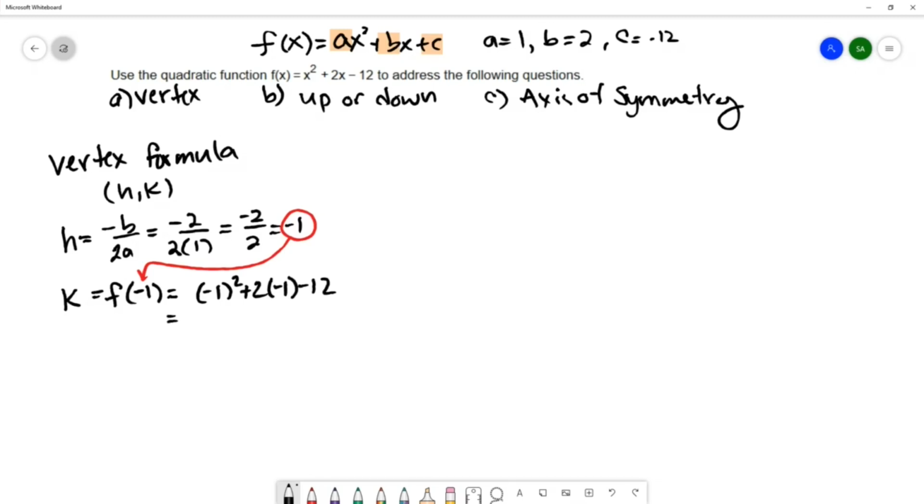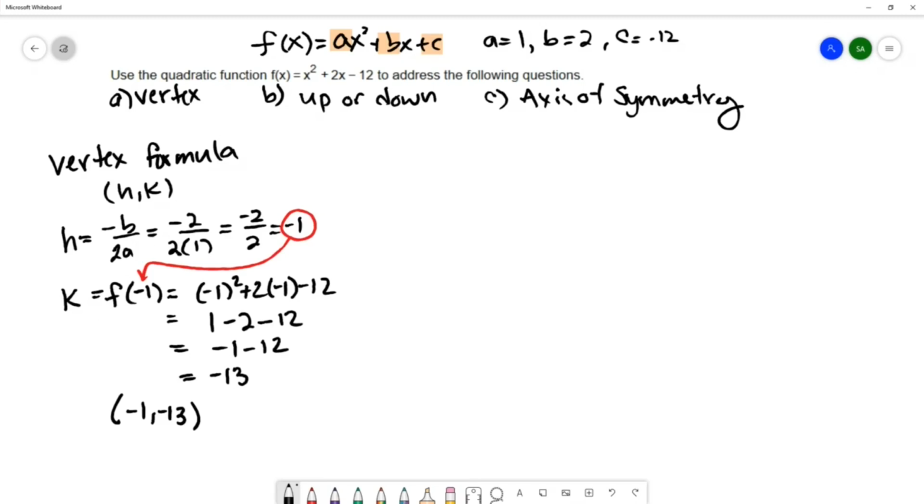Negative 1 squared is 1, minus 2, minus 12. 1 minus 2 is negative 1, and negative 1 minus 12 is negative 13. So we have the vertex of our quadratic function, our parabola, being (negative 1, negative 13). So that's one way to find the vertex, using the vertex formula.